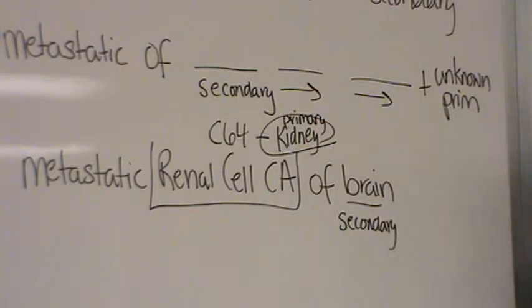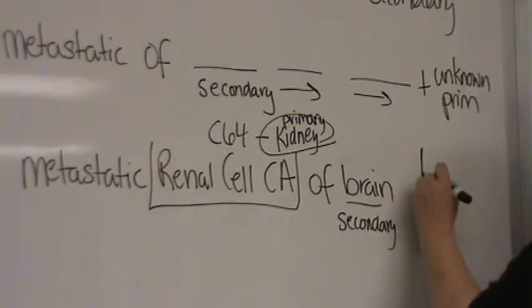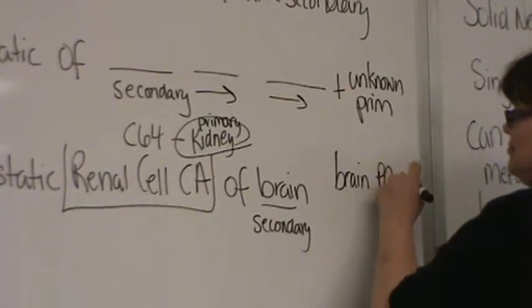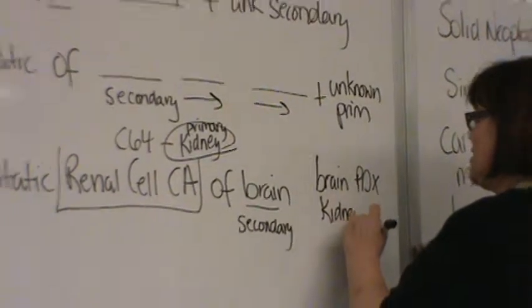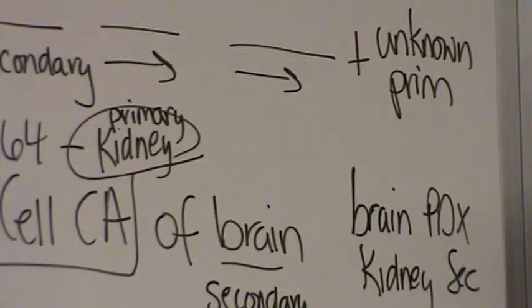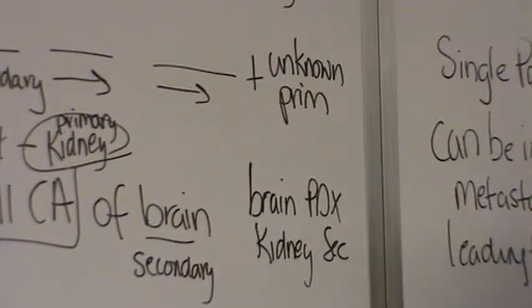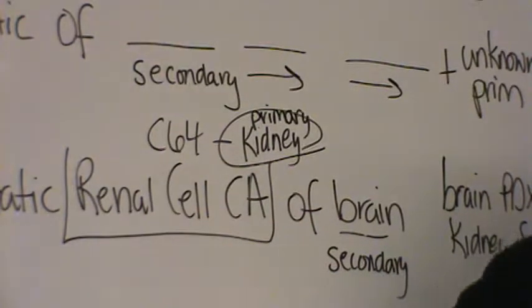And which are we going to sequence first? The brain. Okay. Brain would go first, and kidney would be your secondary. And why is that? Because they're talking about the cancer of the brain. It doesn't talk about the kidney in here.